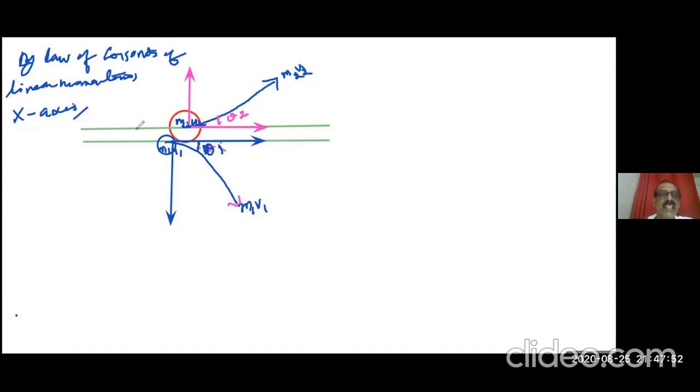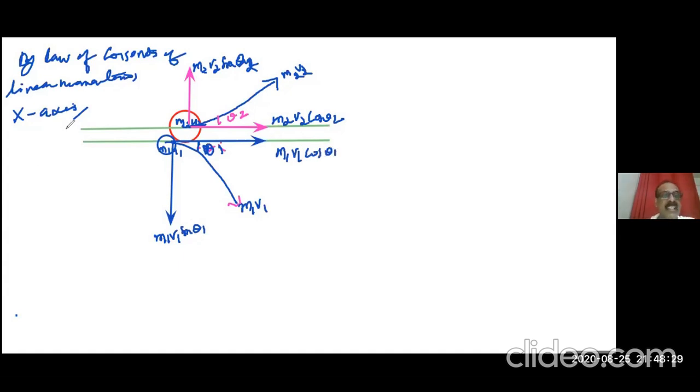Look, along x-axis before collision we have m1 u1 and m2 u2, but after collision this m2 v2 makes an angle theta 2, so this will be m2 v2 cos theta 2. Similarly, m1 v1 makes angle theta 1, so here m1 v1 cos theta 1.